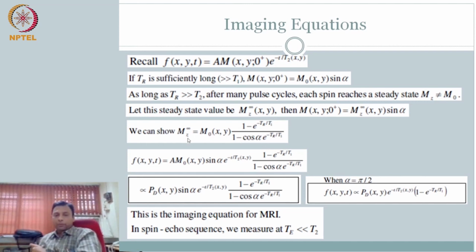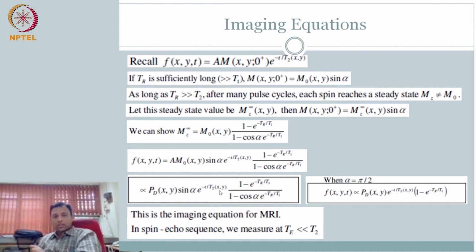So you are going to end up using Mz, the steady state value, in the imaging equations instead of the equilibrium value. And therefore your f of x comma y of t is nothing but, you substitute the values, you get M naught times sine alpha e to the power whatever times this term. So M naught is proportional to proton density, times sine alpha.